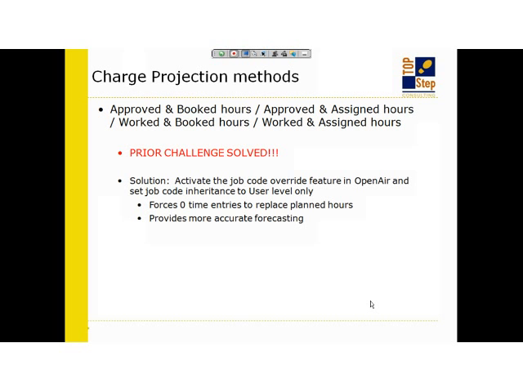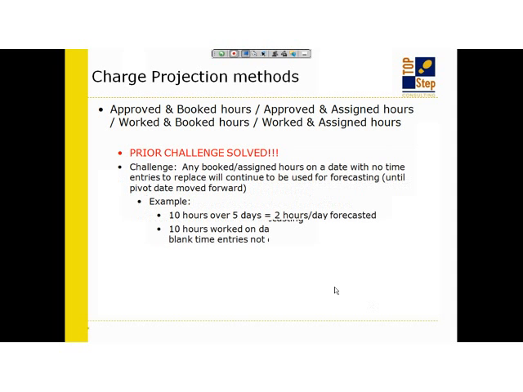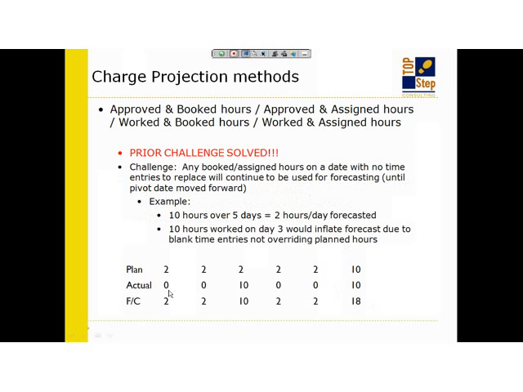So for those of you who have always struggled with this approved versus booked or worked versus booked and assigned hours and not getting the forecast to come out right because values are not getting replaced, simply activate this job code feature and just tell the system always get the job code from the user. That will mimic exactly the same way that you're using the system now, except it will force blank time entries to replace your forecast value with 0. So in our previous example, the forecast line would actually pick up 0, 0, 10, 0, 0, and forecast of 10 hours, which is just what you want.